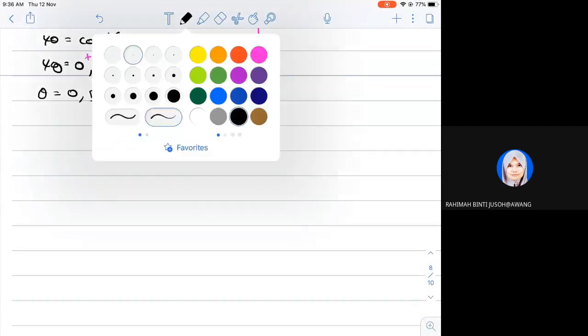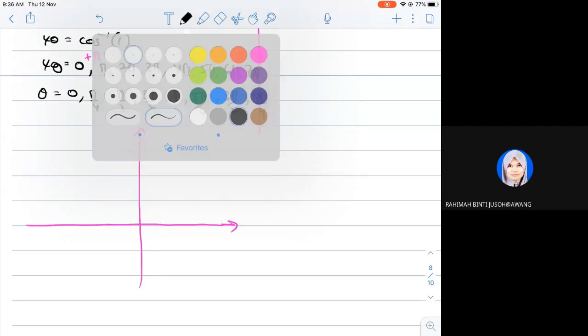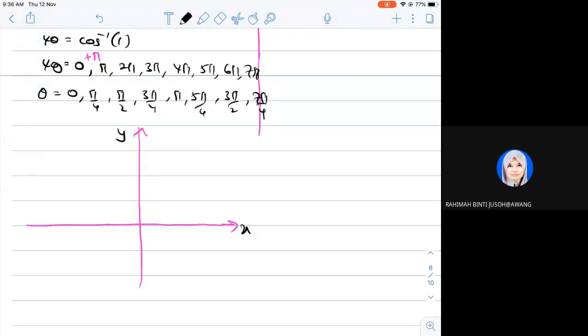So now, let's start the sketch. There are many petals here. X, Y. Okay, so pi over 4, you have to ensure the positions.